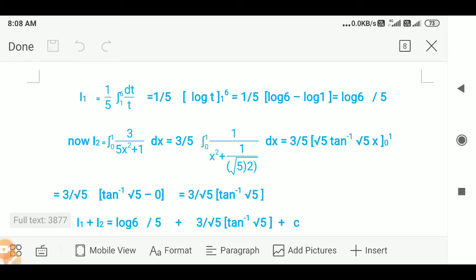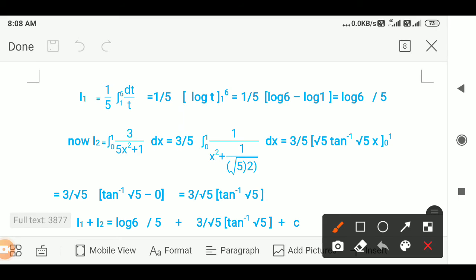Now I2. I2 is the integral from 0 to 1 of 3 upon 5x square plus 1 dx. So you can take 3 common and from the denominator 5 common. So we get 0 to 1, 1 upon x square plus (1 upon root 5) square. It is square.